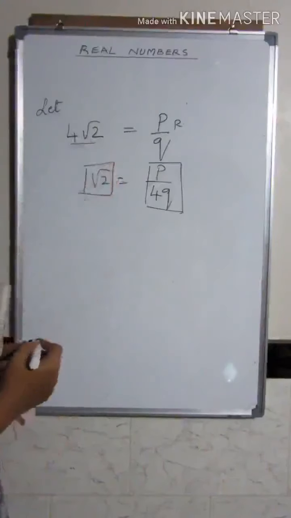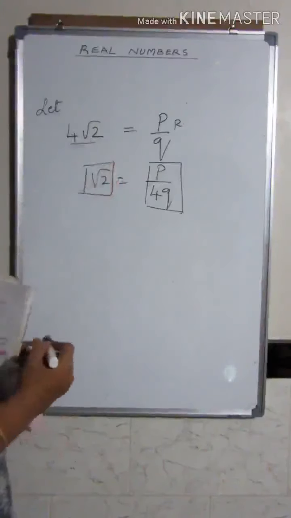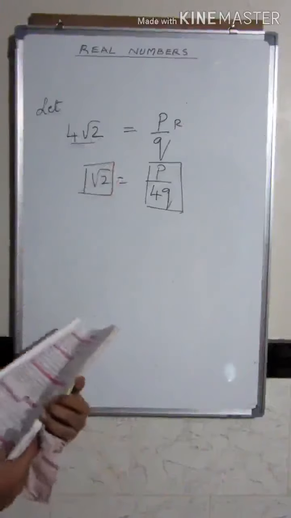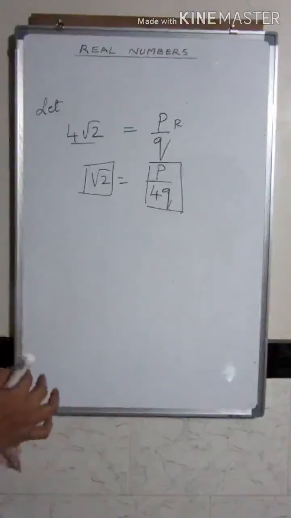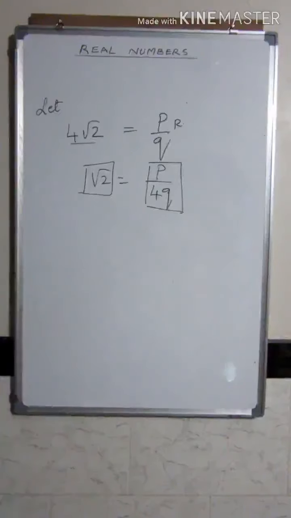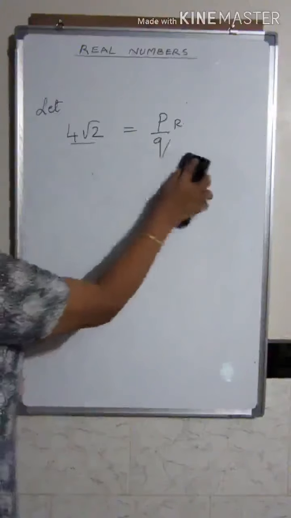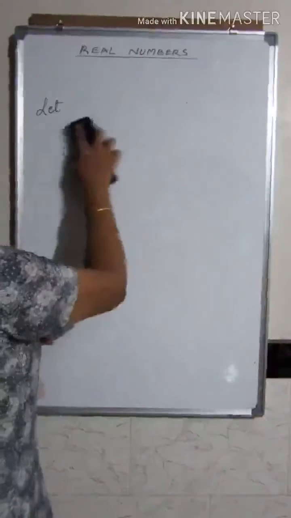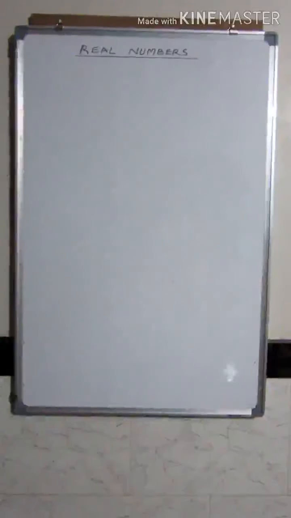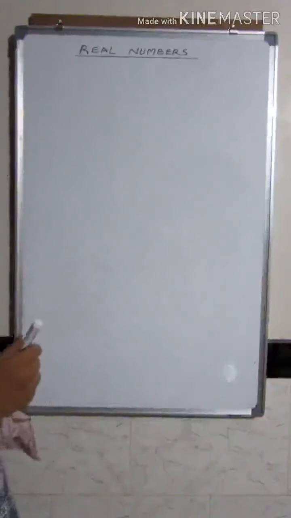Now the second type of problem in practice set 2.2 is to represent root 5 and root 10 on the number line. In the previous class you have already learned how to represent root 2 and root 3 on the number line.